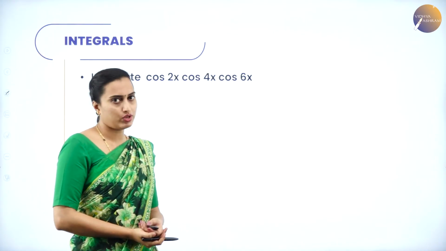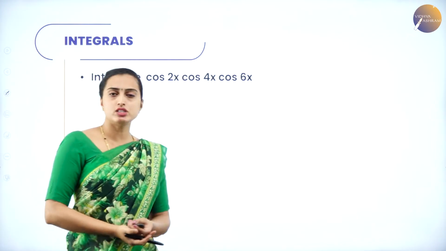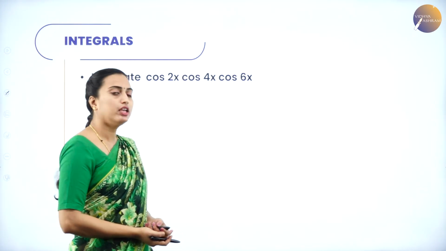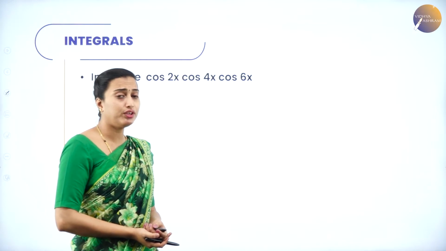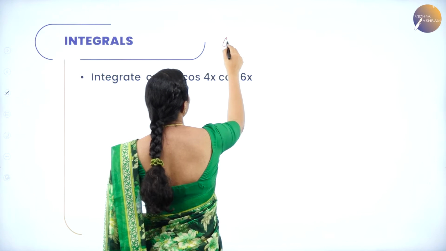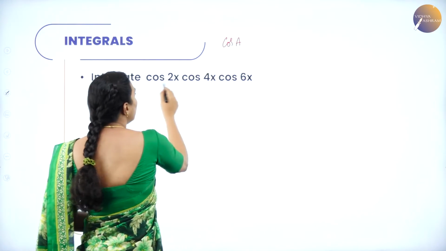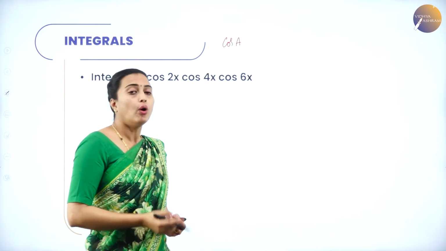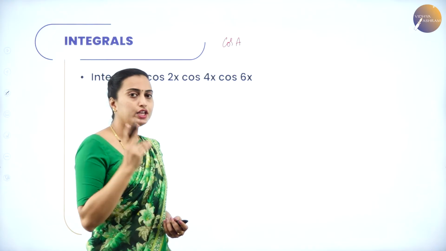Next question, dear students: integrate cos 2x into cos 4x into cos 6x. Now here, according to the formula of cos A into cos B, because you are having three terms of cos here, you can take any two terms of cos.